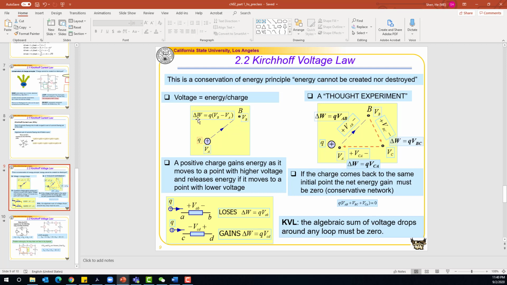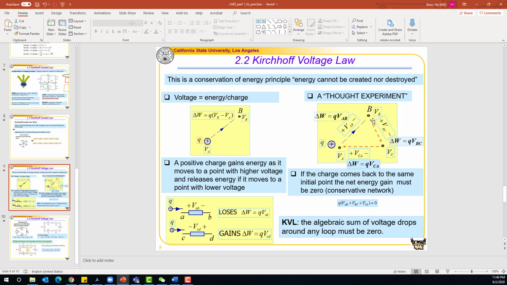And the energy increase from A to B is equal to Q times the voltage potential difference, VB minus VA. If we have a series of moves of this charge, say from node A to B, then to C, then come back to A, we know that over the whole process, the energy of this charge stays the same.